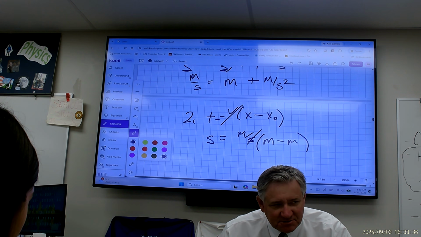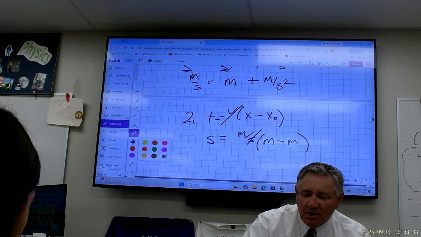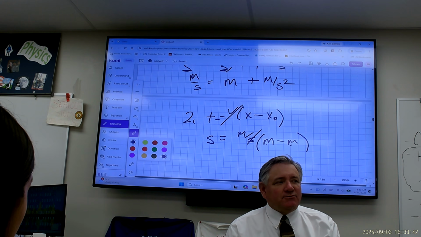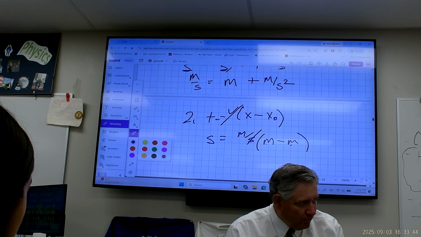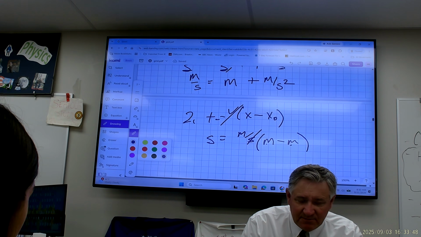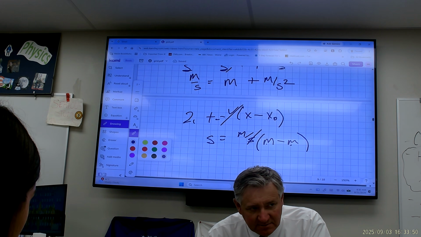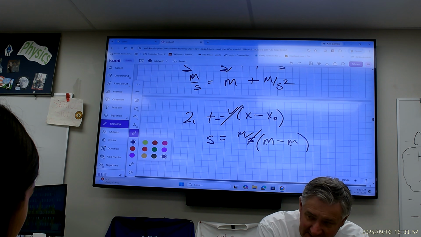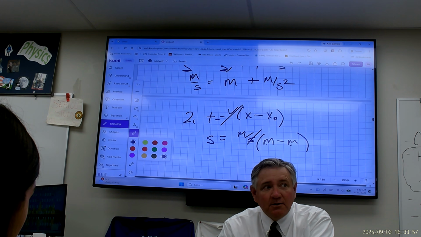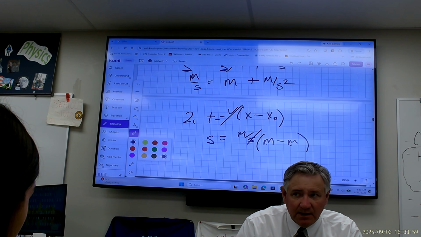Okay, this is what I do not want you to do. If I take meters minus meters, do I get 0? No. Okay? All I'm saying is that I can take some number of meters and subtract some number of meters from it, what units do you still get?